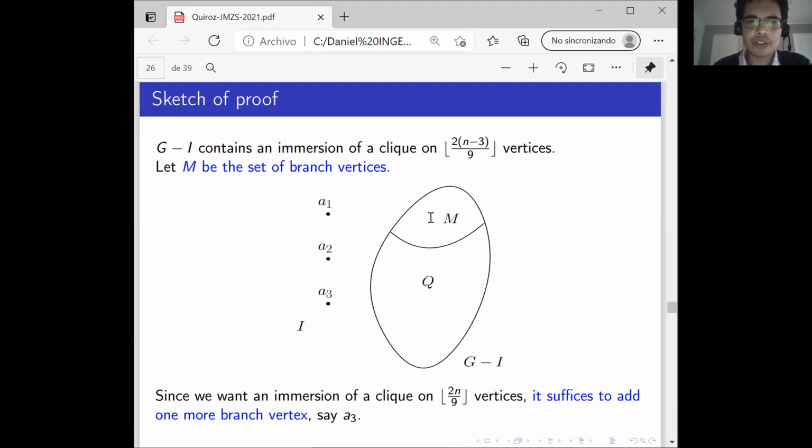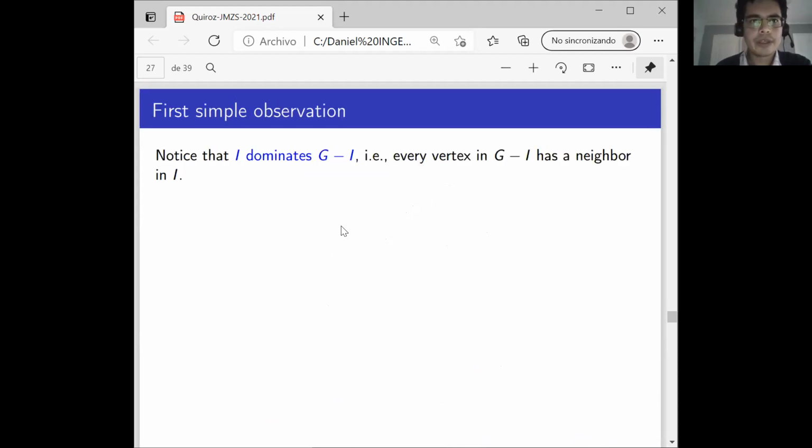Some of them might be joined by an edge, or some may have a path that goes through Q. And we want an immersion on this amount of vertices, 2n over 9. And it's easy to see that since we have an immersion of this size, all we need to do is add 1 vertex to our branch vertices. Okay, so before doing that, we need some simple observations.